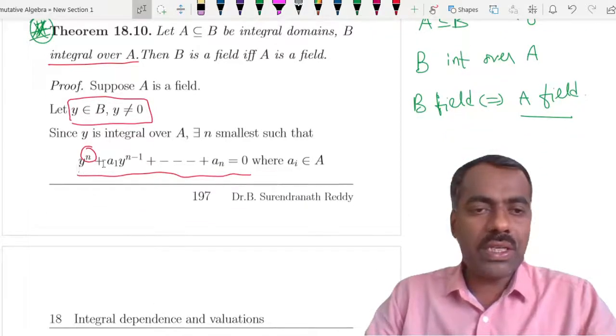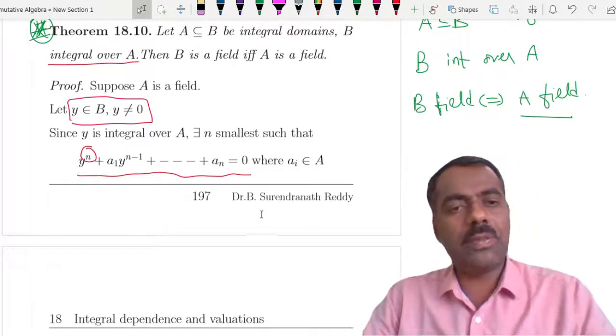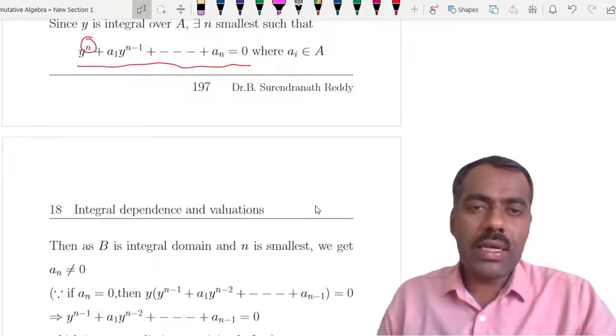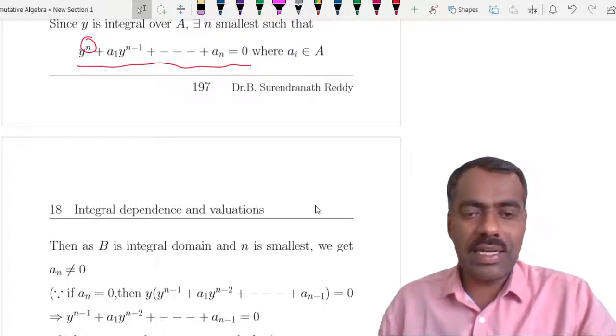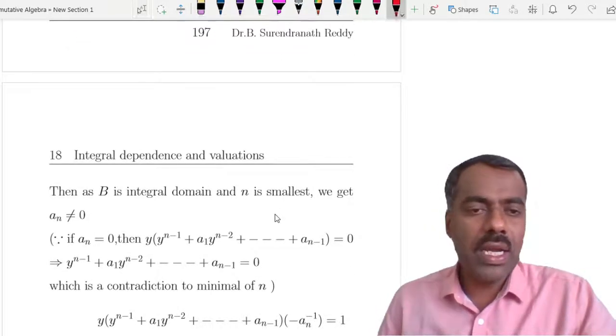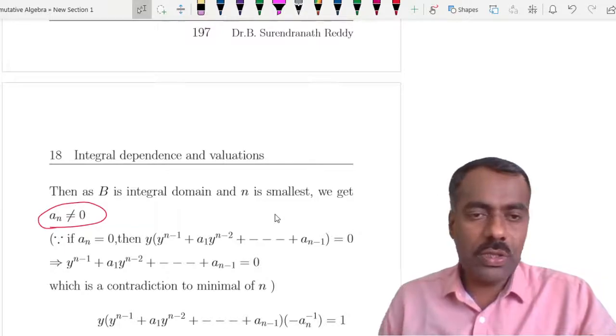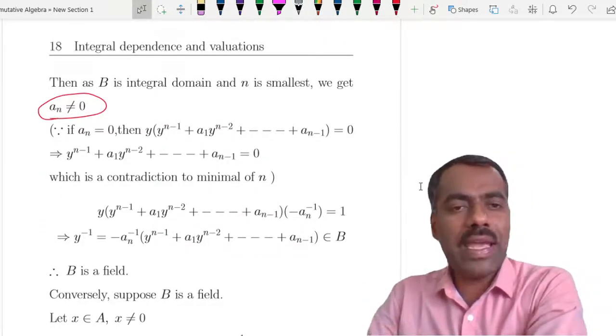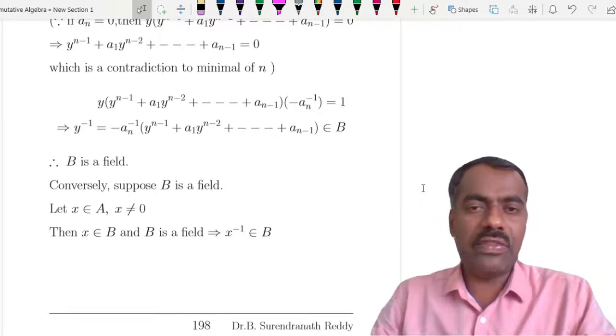Once n is smallest, we can make sure that a_n is non-zero; if a_n is 0, we get another smaller polynomial and so on. So a_n will become non-zero, we can always do that. Therefore you multiply by a_n inverse and so on.